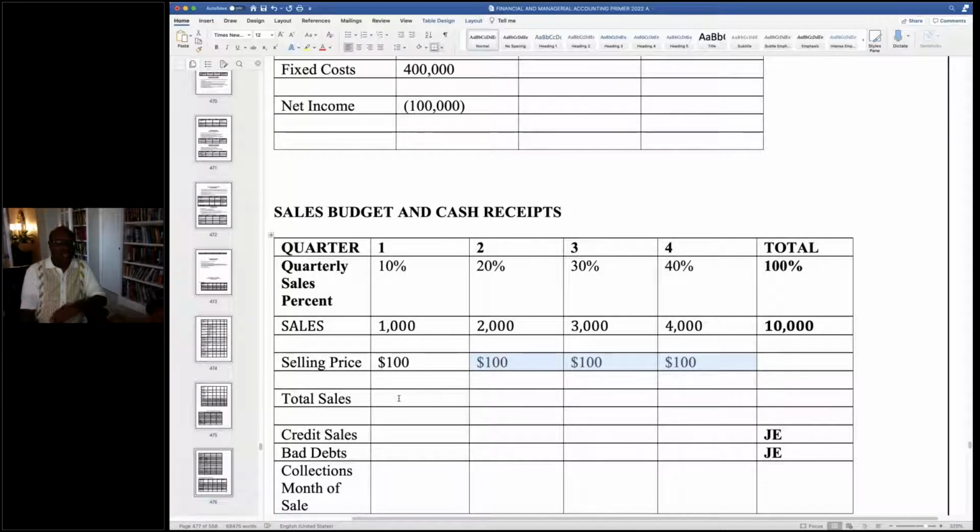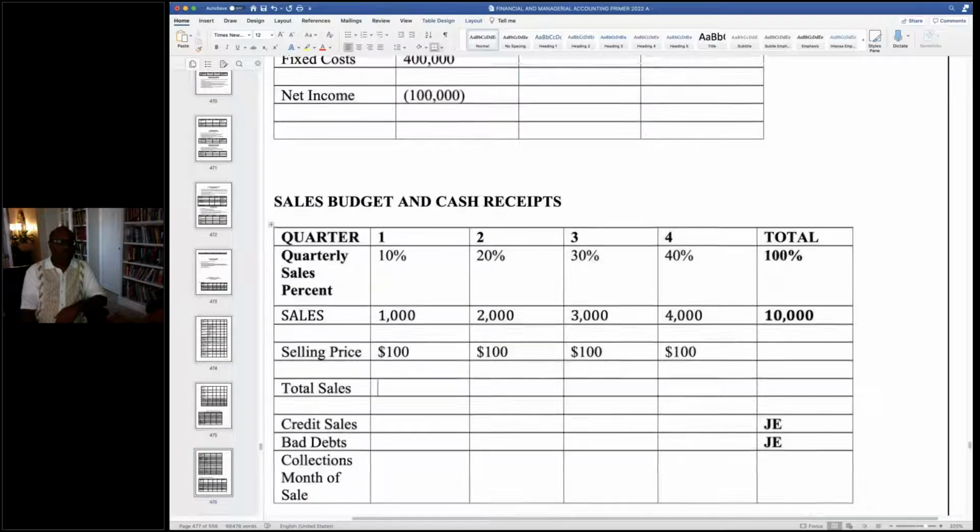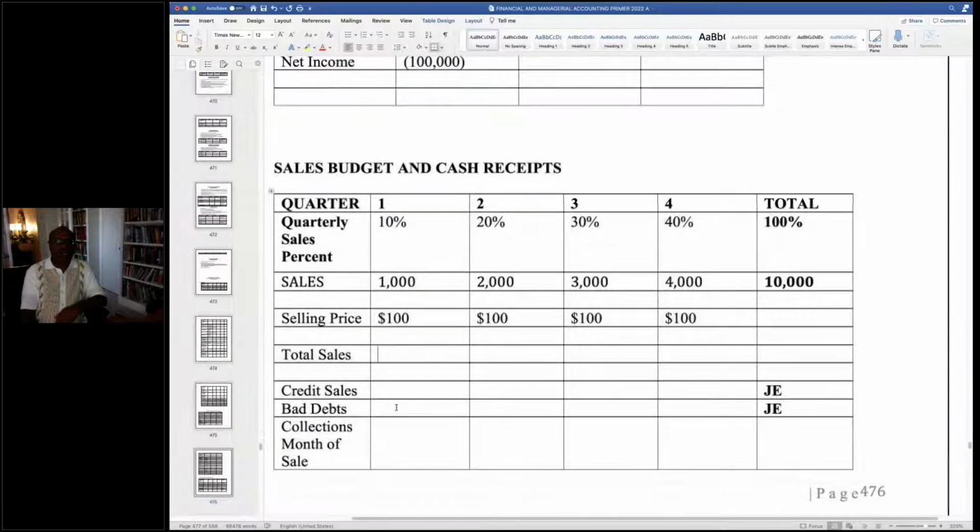Okay, so what are our sales in the first quarter? You mean the total sales? Mm-hmm. So what do you mean, like 100,000? Are you saying is it 100,000 or like a million? Would that be 1,000 times 100?